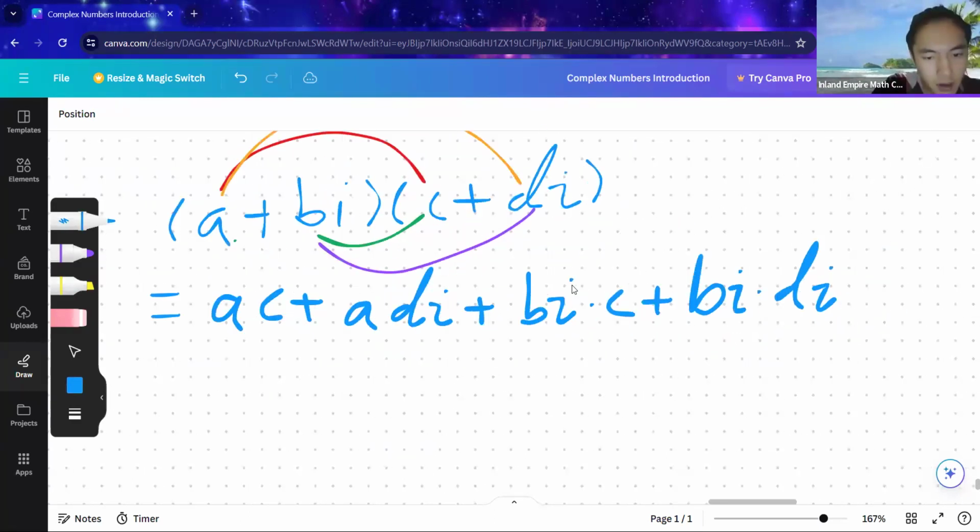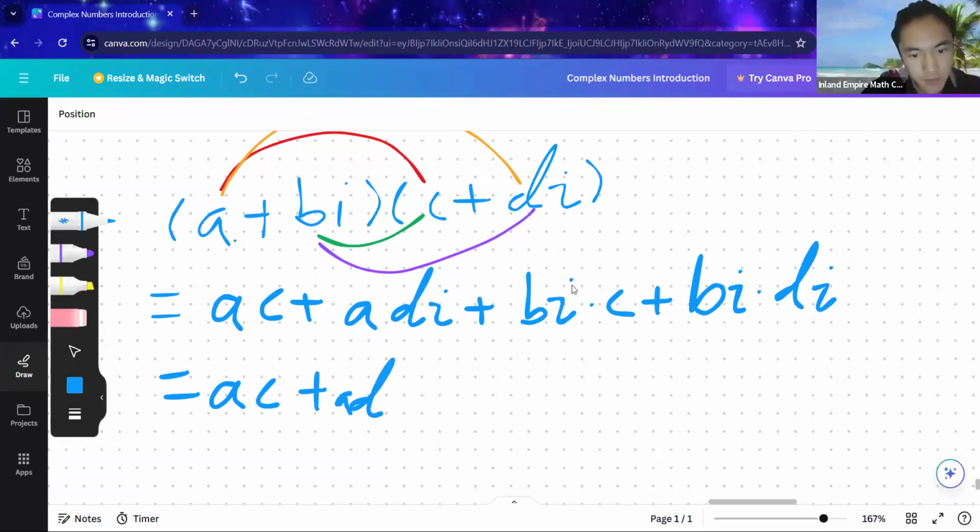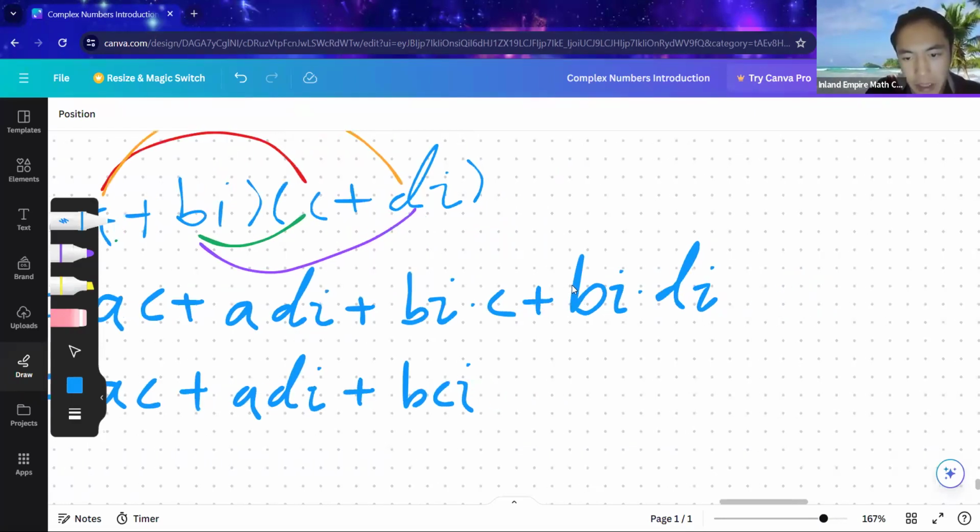But then you can rearrange it, right? You have AC plus ADi, plus BCi plus BDi squared, right?